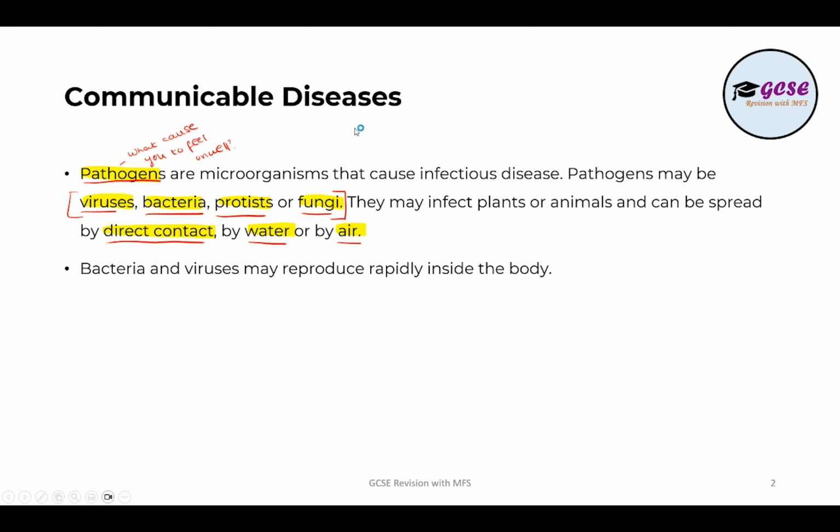Okay. Now, bacteria and viruses may reproduce rapidly inside the body. Anything associated with a virus is something that invades the body and reproduces really fast, causing lots of those microorganisms to be present inside the body.